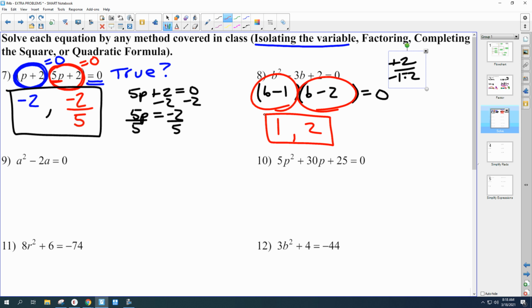Next problem, number 9. Remember, when we try to factor, we're always asking ourselves if there's a GCF. This problem has a GCF. It's hard to recognize, but my key is when it looks weird, look for a GCF. These two both have an A, and so if I reverse distribute that, I'd have A times A minus 2.